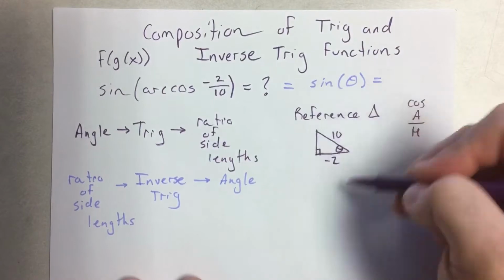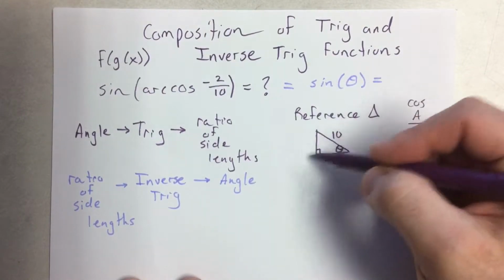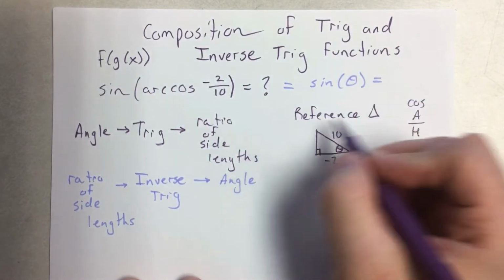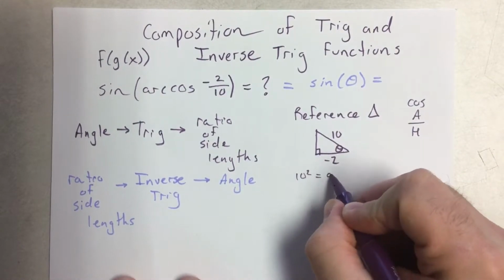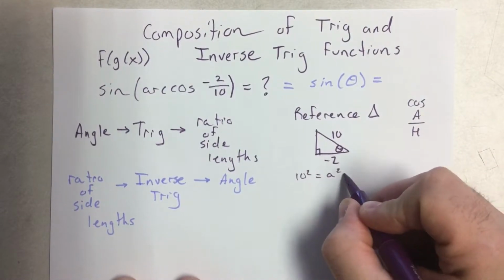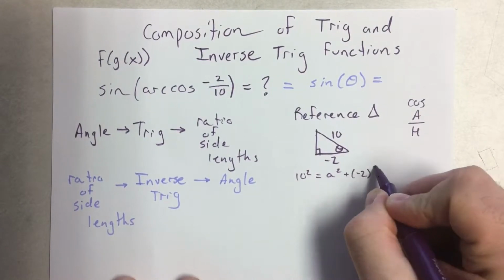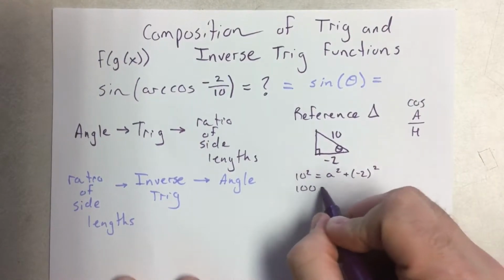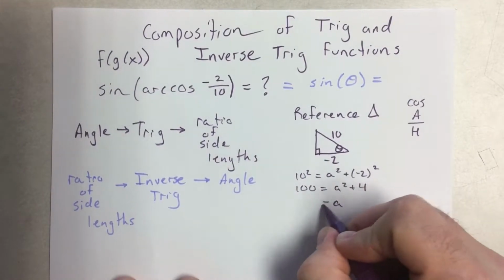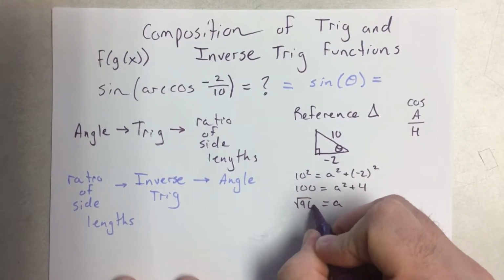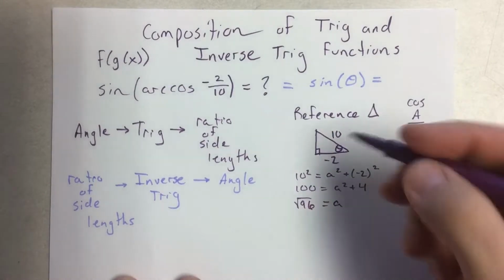So the unknown side, using the Pythagorean theorem, it would be 10 squared equals a squared plus negative 2 squared. So you get 100 equaling a squared plus 4. So you would get a to be the square root of 96.